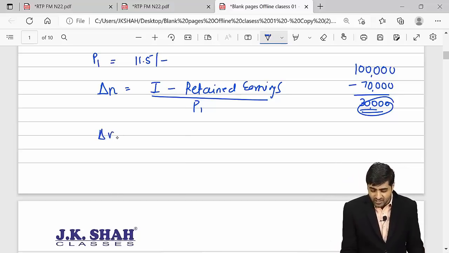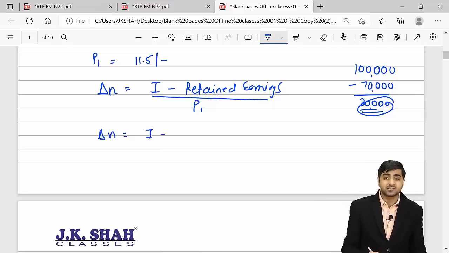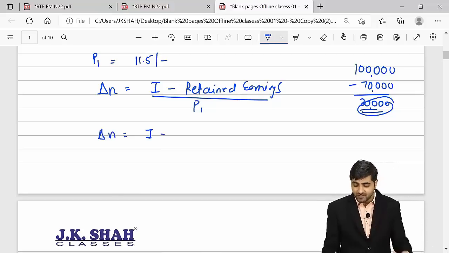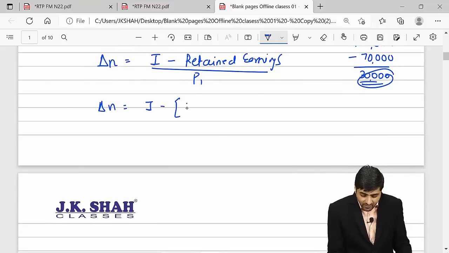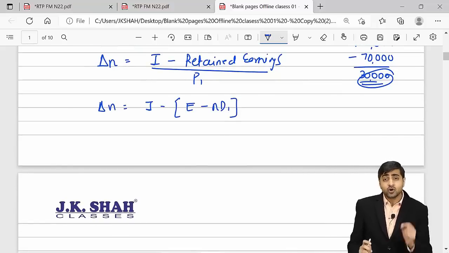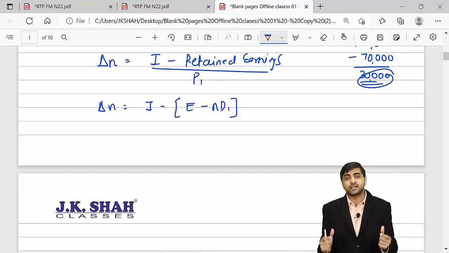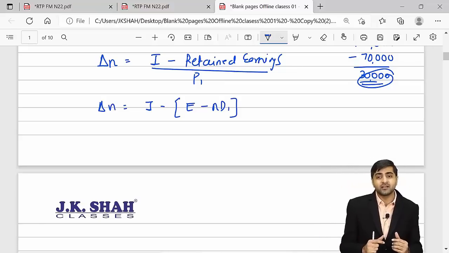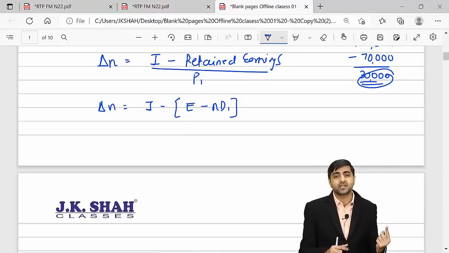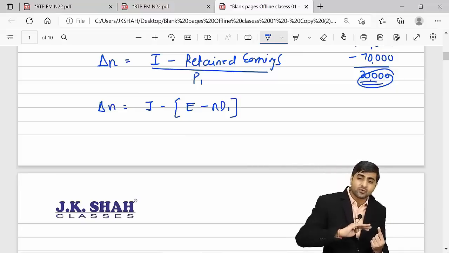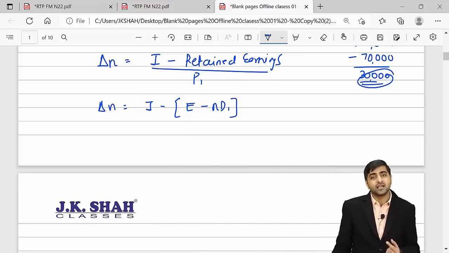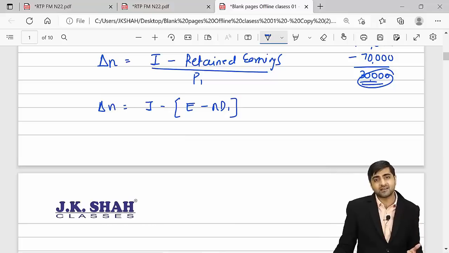So your change in N is nothing but investment minus retained earnings, and I can elaborate retained earnings as earnings minus dividends. Suppose I am earning, for example, 1 lakh rupees, and from that 1 lakh, if I have distributed 30,000 by way of dividends, then can I say my retention is nothing but 70,000.